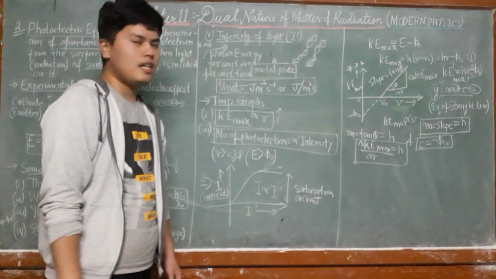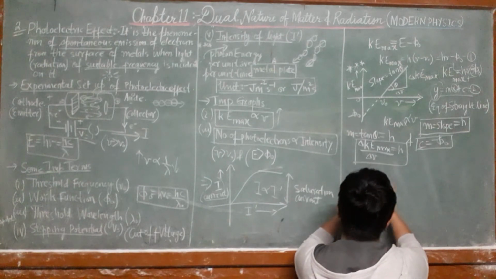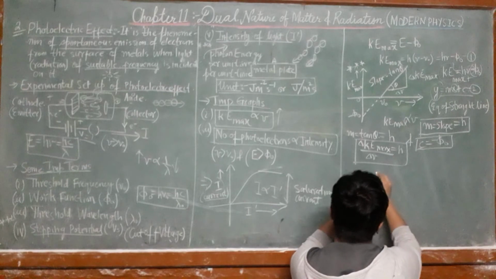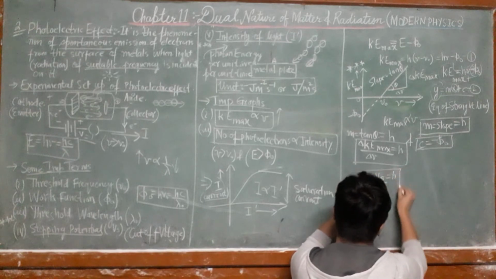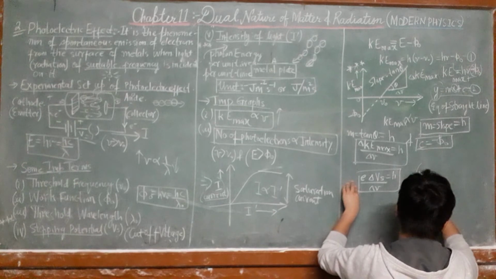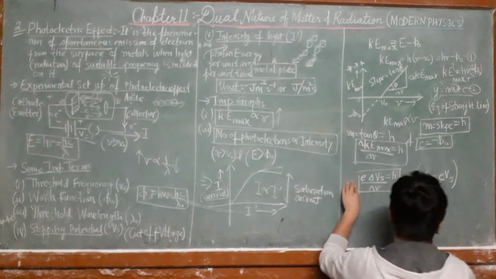Now in this scenario, delta E upon delta nu is equal to h. Also, the kinetic energy can be expressed in terms of stopping potential.